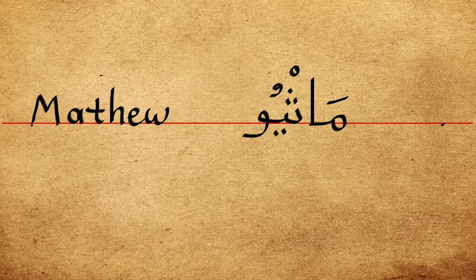Matthew: Meme, Aleph, the initial form of the letter Tha, Ya, and Waw. The next one is Michael.